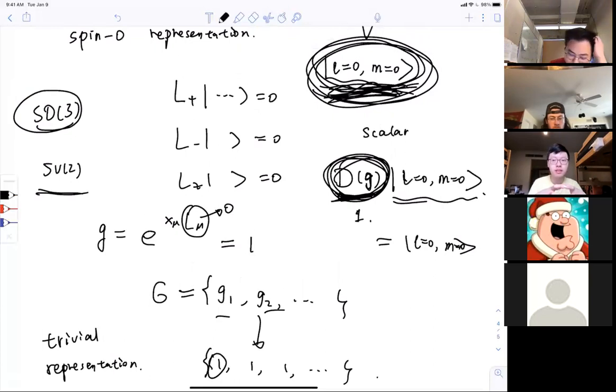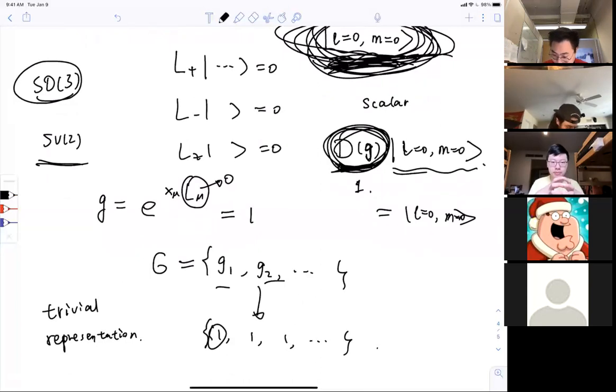Okay, so here what we are talking about is some abstract wave function living in this space. And in this case, the rotation means that we are acting our group element on the vector space. So when we act with our group element on some specific vector space, we are doing the representation.